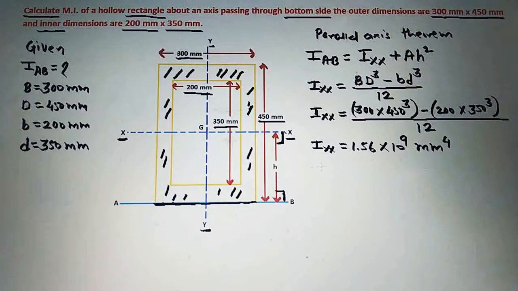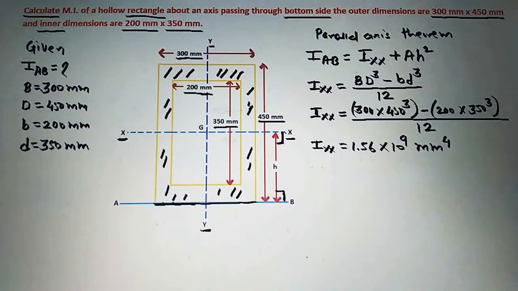So this is moment of inertia of a hollow rectangular section along its centroidal x-axis, that is Ixx is equal to 1.56 into 10 raised to 9 mm raised to 4.